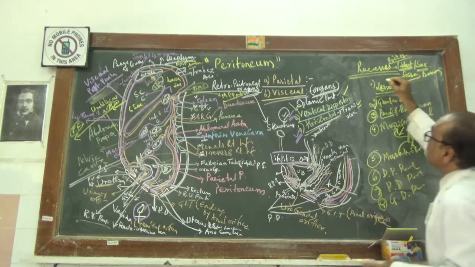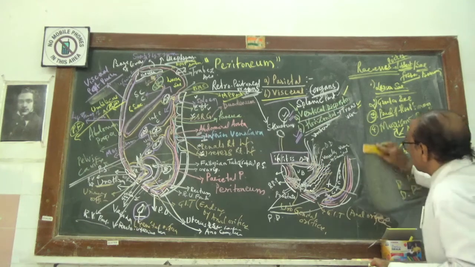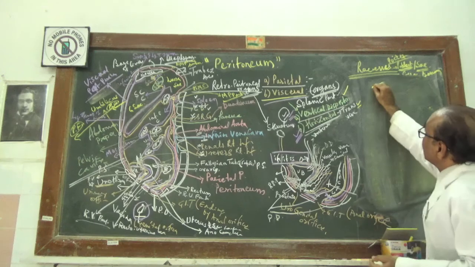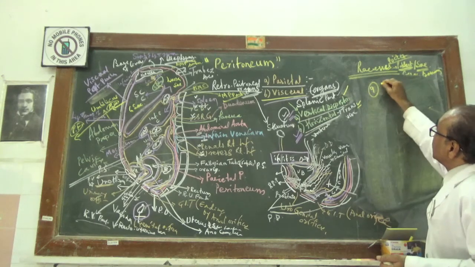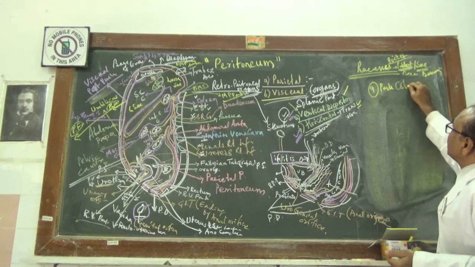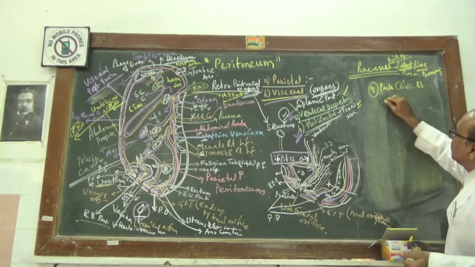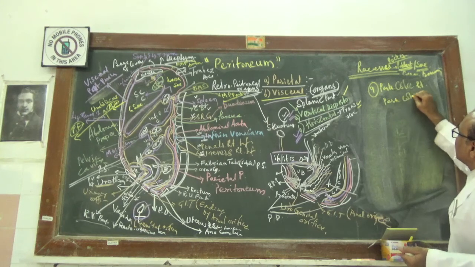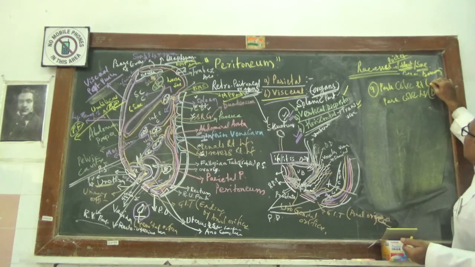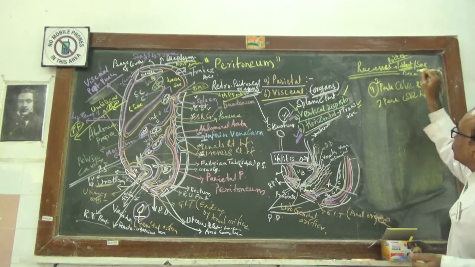Then the ninth, the paracolic pouches: this is for the descending, this is for the ascending. So two are there, and here also two are there.